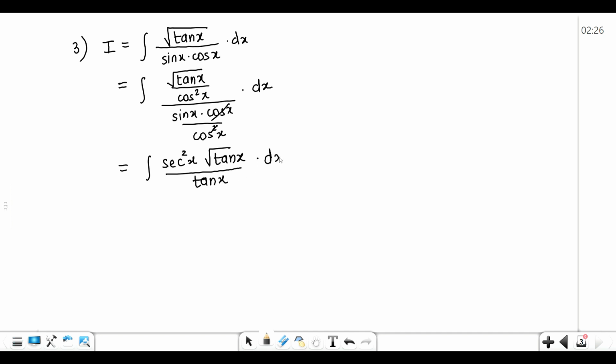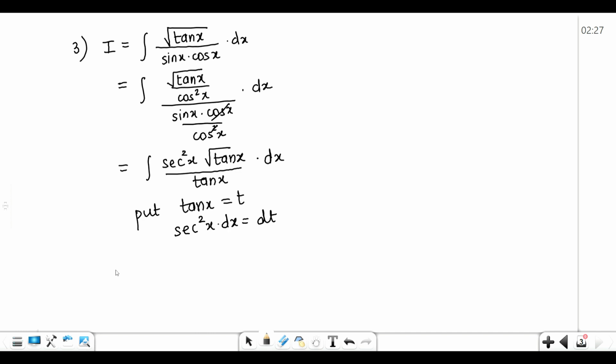Okay, now put tan x is equal to t. Now we have chosen the tan x because the derivative of tan x, sec square x, is already present, so we will just write derivative of tan x is sec square x dx equals to dt.